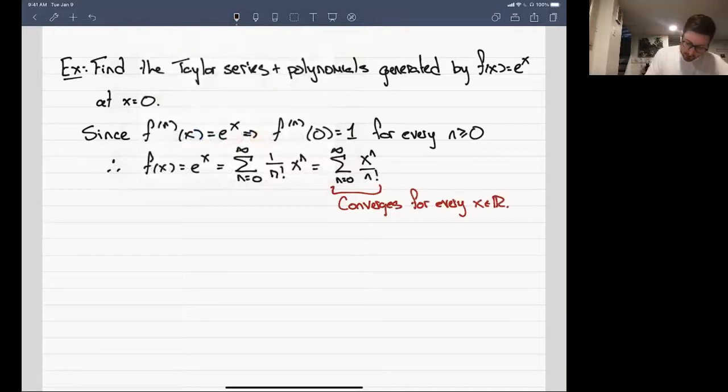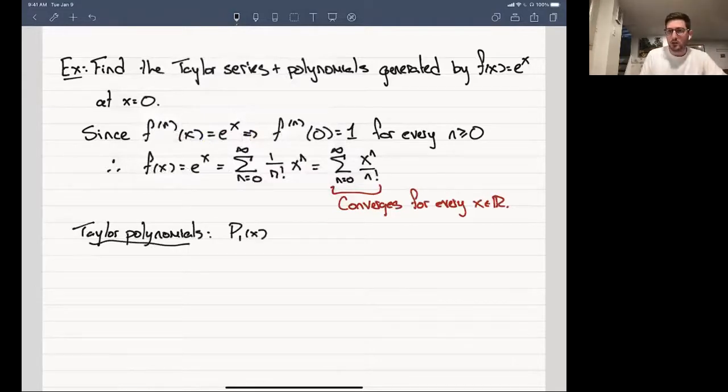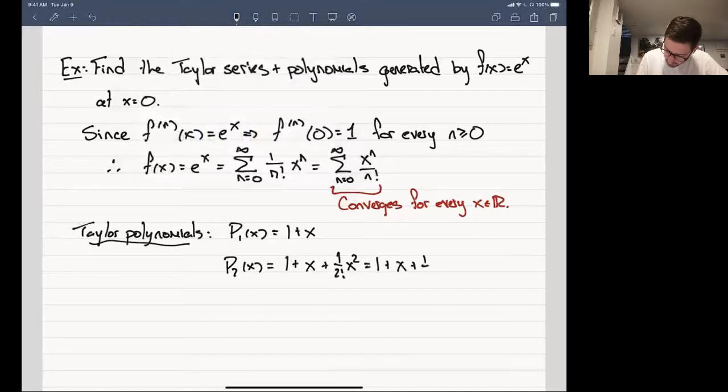And so the Taylor polynomials, let's write out the first few. The linear approximation, so the Taylor polynomial of order 1, is equal to 1 plus x, right? That's just the first 2 terms of this sequence. The second one is 1 plus x plus 1 over 2 factorial x squared, which is just 1 plus x plus a half x squared.